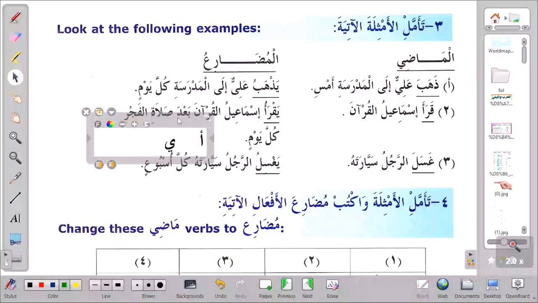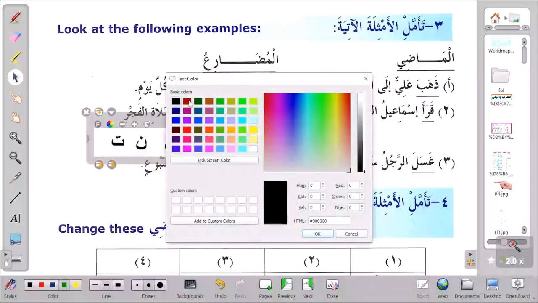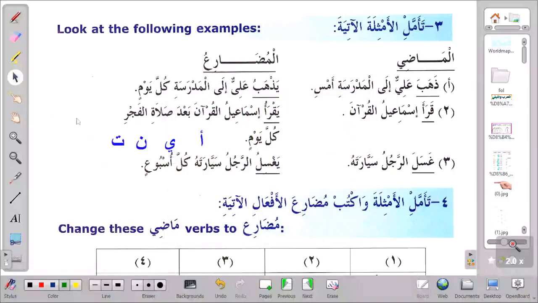And then we also had noon, and then we say there was also ta. I hope that is clear. So they are four, yani huruf al-mudari'. These are the huruf that we use to signify that the verb is mudari'. I hope that is clear. So that's what we call them, the huruf al-mudari', okay.